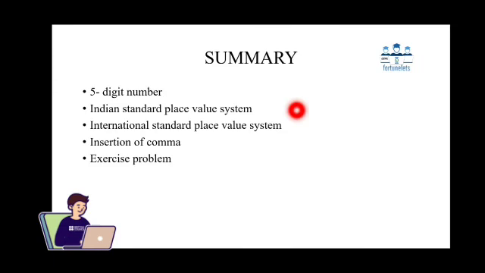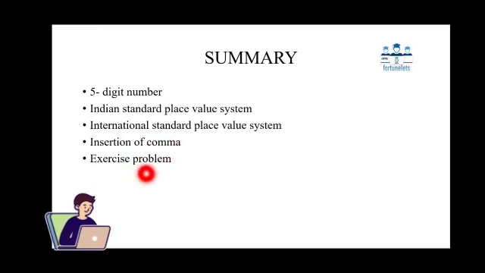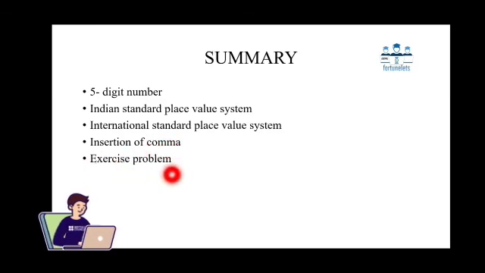So far we have learnt about 5-digit numbers, the Indian standard place value system, the international standard place value system, insertion of commas, and based on that we have solved some exercise problems. Students, keep practicing what you have learned. Until we meet in the next session, stay home, stay safe and enjoy learning.